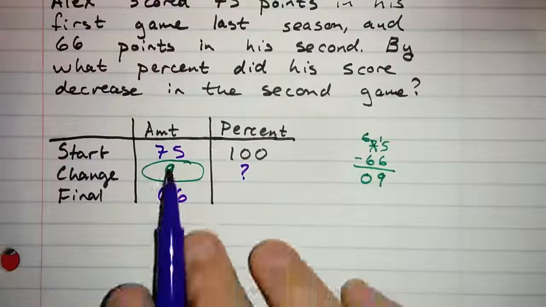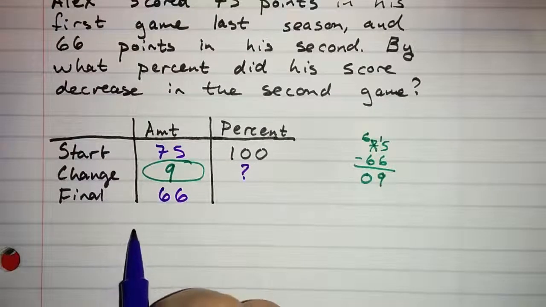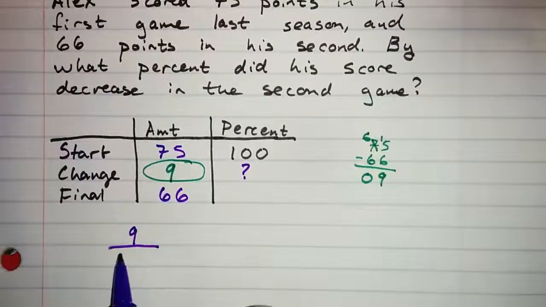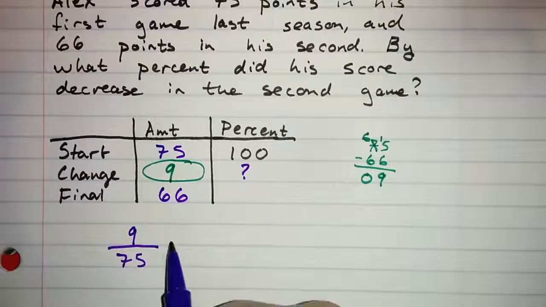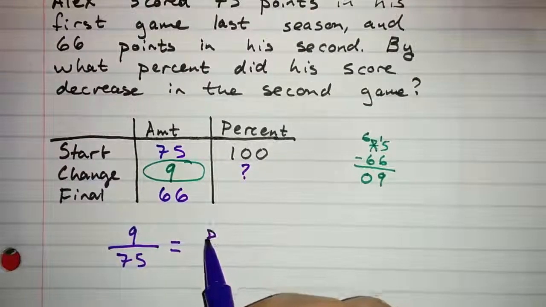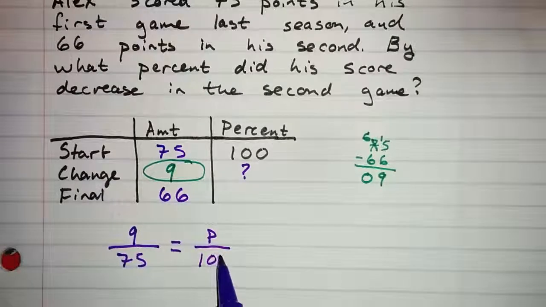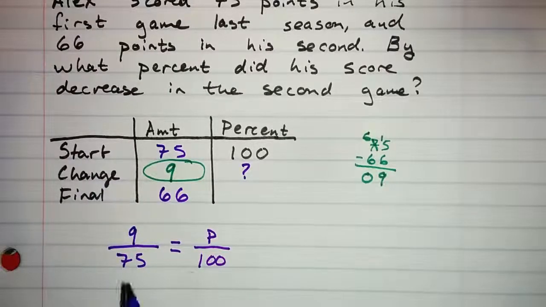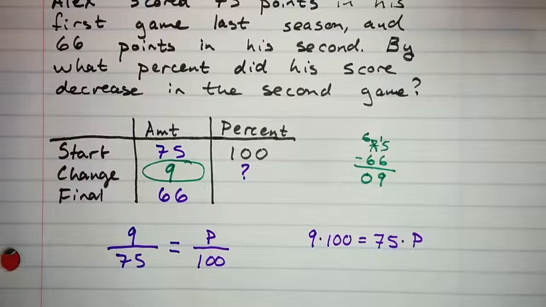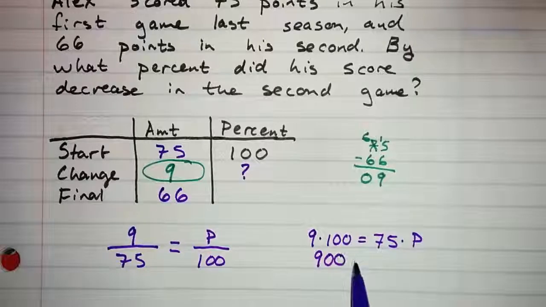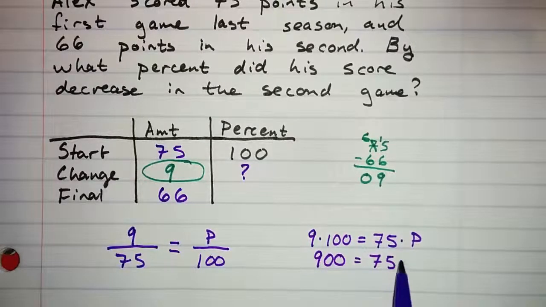So that means the amount change over the starting amount is our unknown percent change over 100. We cross multiply. 9 times 100 is 75 times p. 900 is 75 times p.